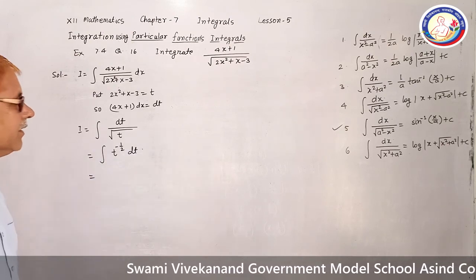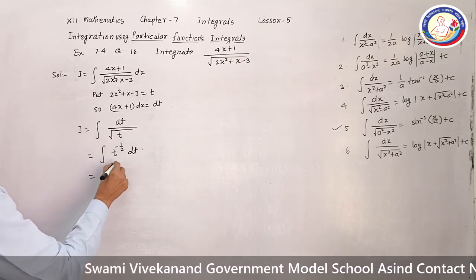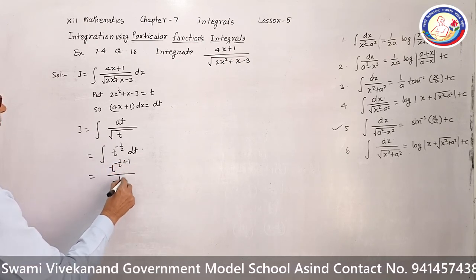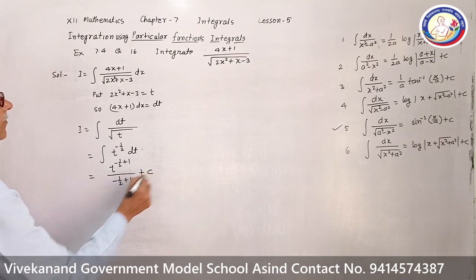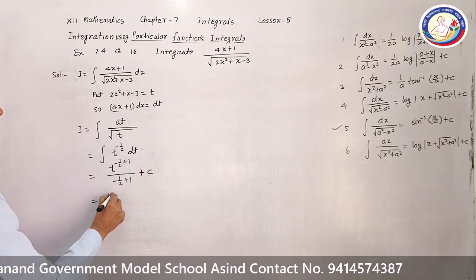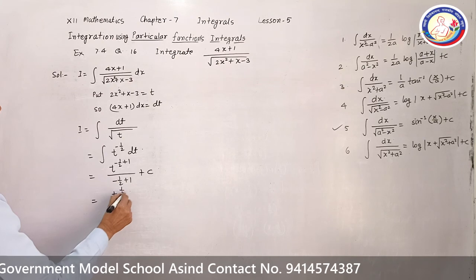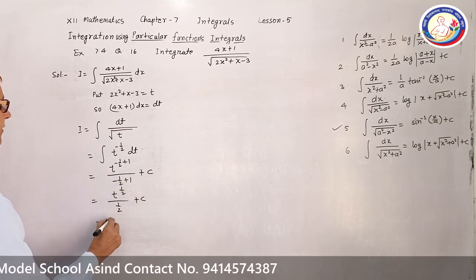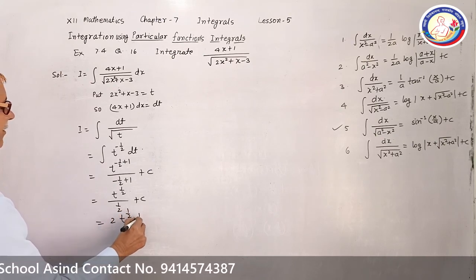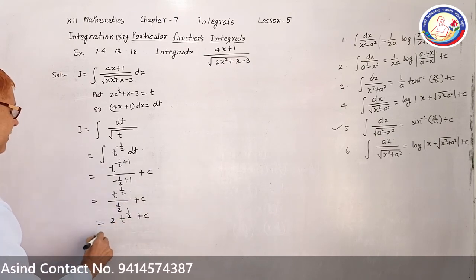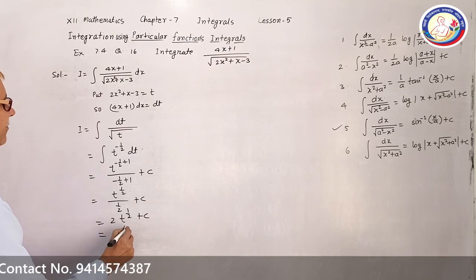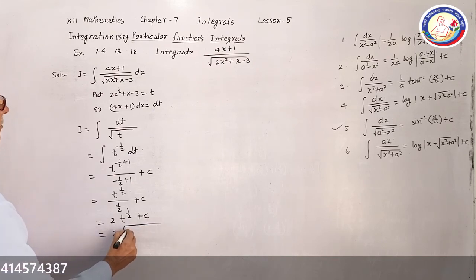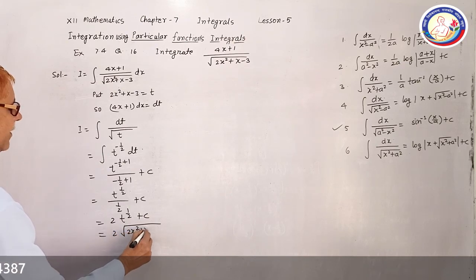Using the formula of integration, we can write it as t raised to power (minus 1 by 2 plus 1) upon (minus 1 by 2 plus 1) plus constant of integration. Then it will be t raised to power 1 by 2 upon 1 by 2 plus c. This is twice t raised to power 1 by 2 plus c. Put the value of t again here. It is 2 into square root of 2x square plus x minus 3.